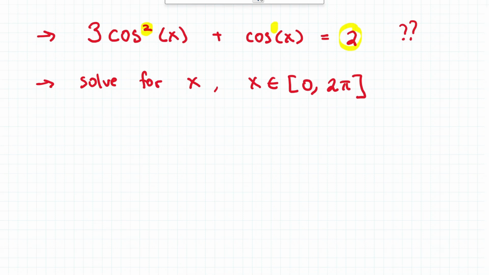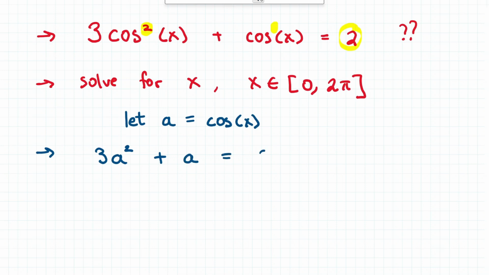So why don't we go ahead and do a substitution? Let's just say let a equal cos x. This way we don't even have to worry about trig functions. We're just going to solve this plainly as a polynomial, a trinomial in this case. So what do we get here? We now have 3a squared plus a equals 2.